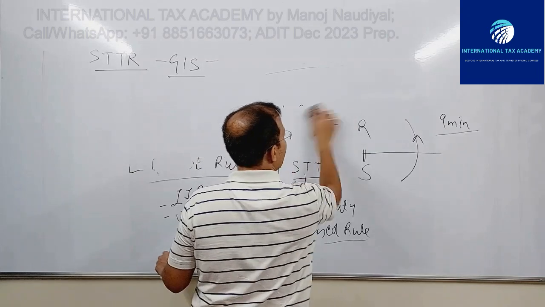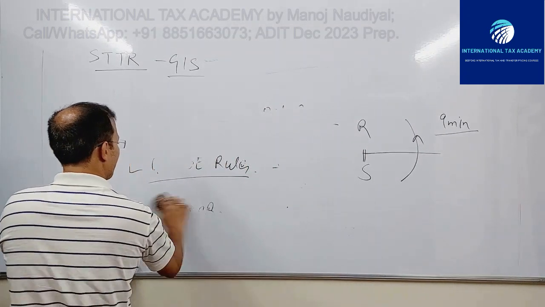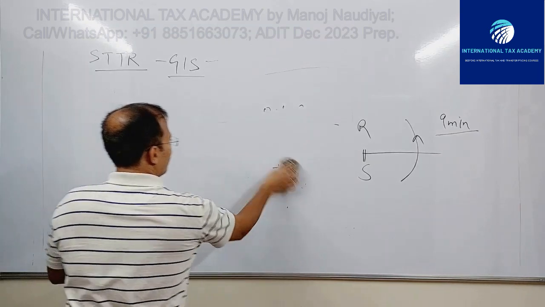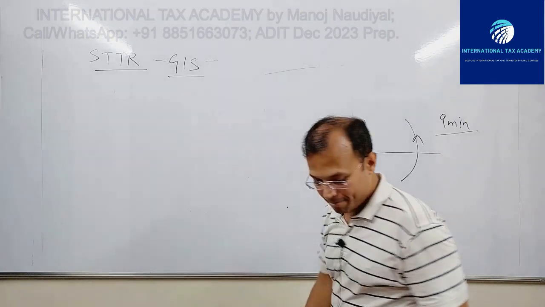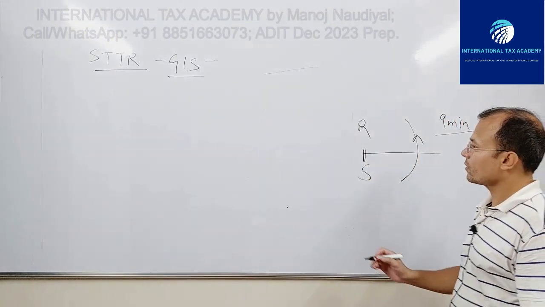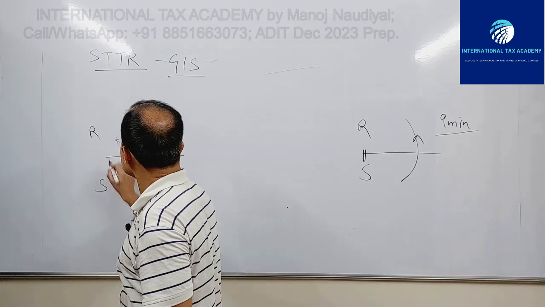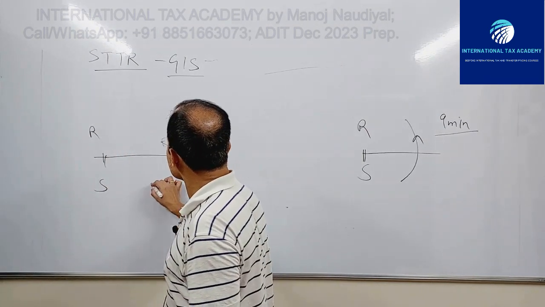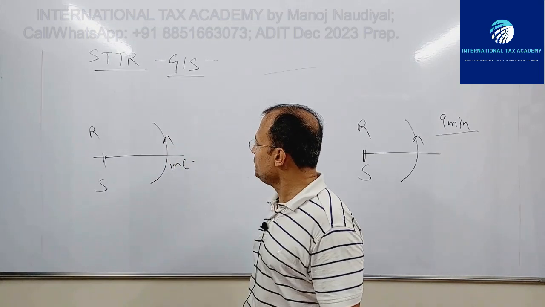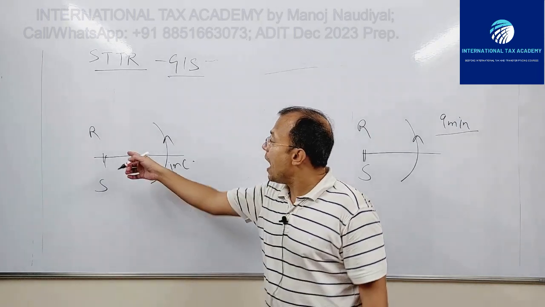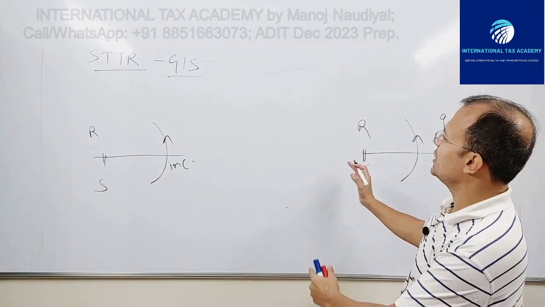The RS tax treaty exists between them. Income, right? R and S, they have a tax treaty between them. And now we are looking at STTR, which is a tax treaty based rule.